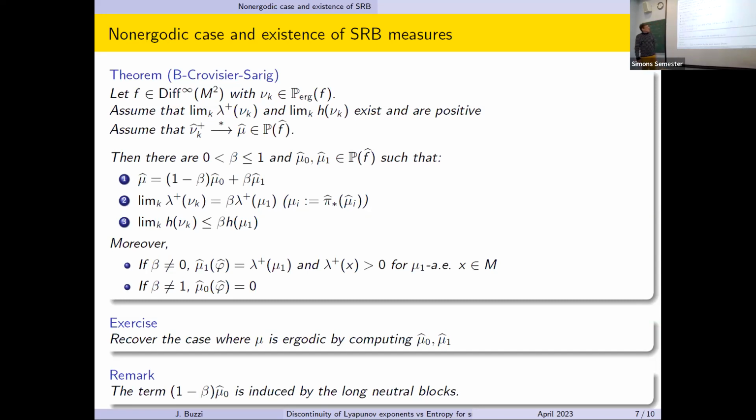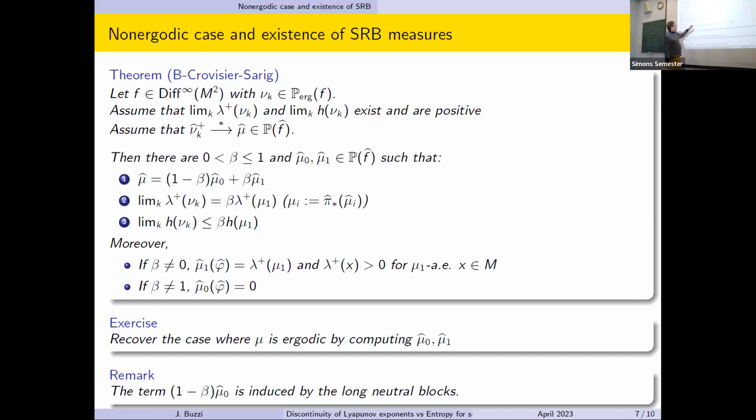And now what we say is that there is such a decomposition such that the limit of the top Lyapunov exponent is beta times the top Lyapunov exponent, but not of the limiting measure, but just of the part where you have excluded the neutral blocks.